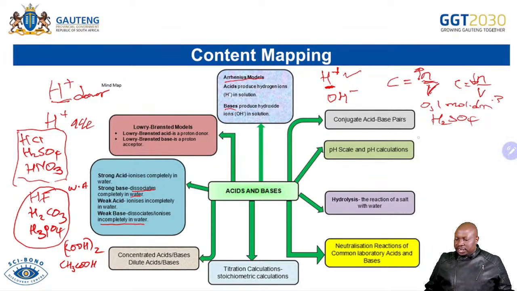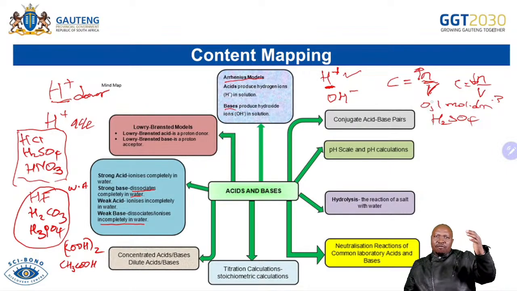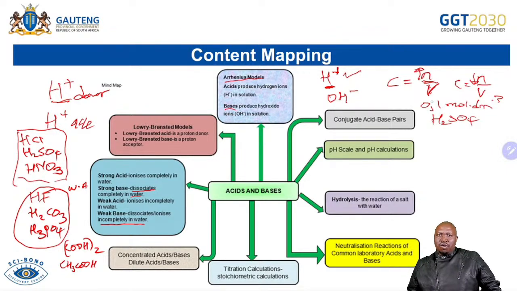Is this acid dilute or concentrated? Remember, that 0.1 is n over V. Concentration is the number of moles per unit volume of the solvent. In this case, it means we had 1 over 10, so we had a lower number of moles of sulfuric acid in proportion to the volume of water.